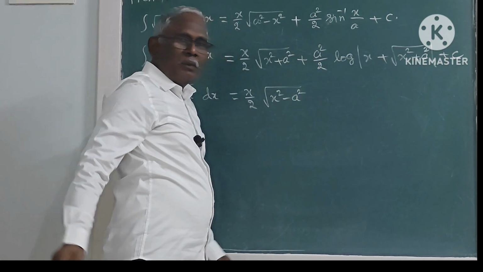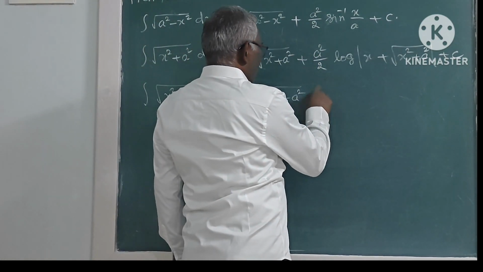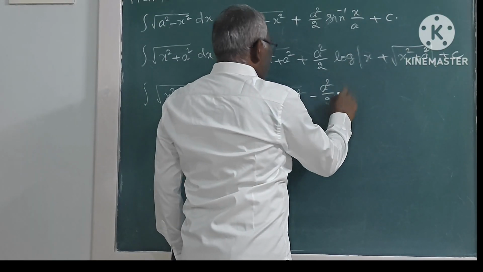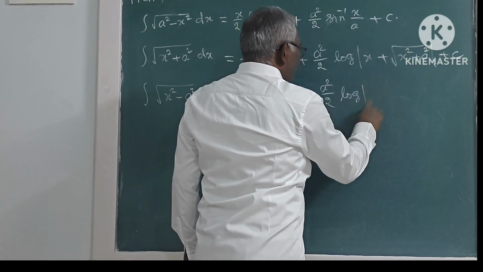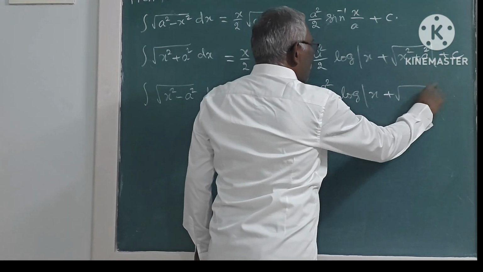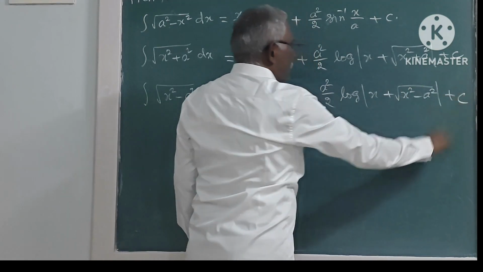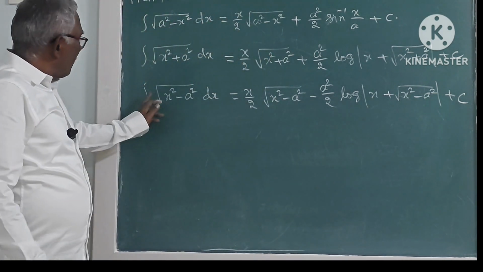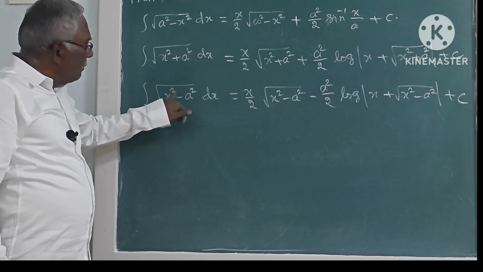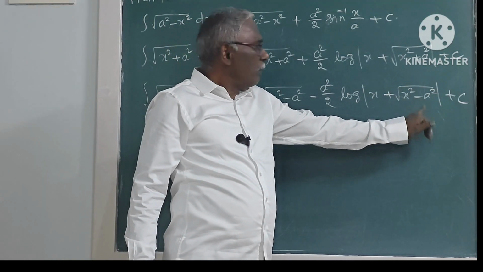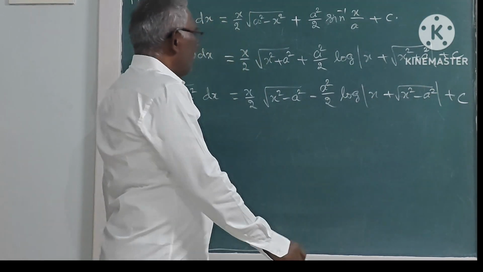Here first 2 plus will come, third minus will come, again a square by 2. This term will be log of x plus square root of x square minus a square plus constant. Integral dx by square root of x square minus a square is log of x plus square root of x square minus a square plus constant.